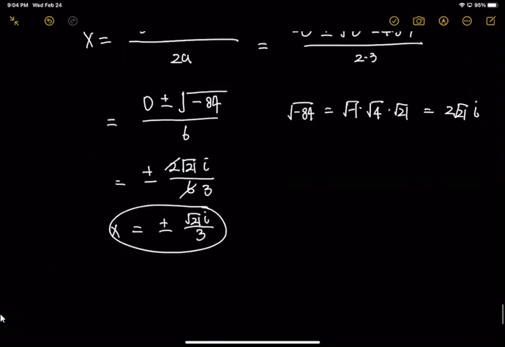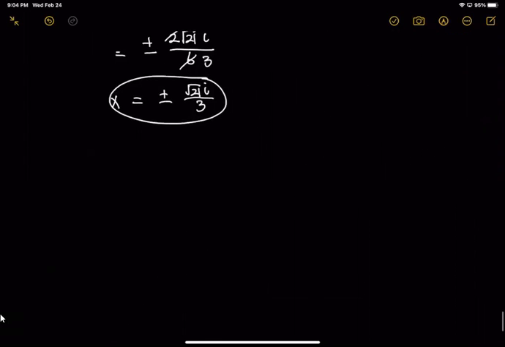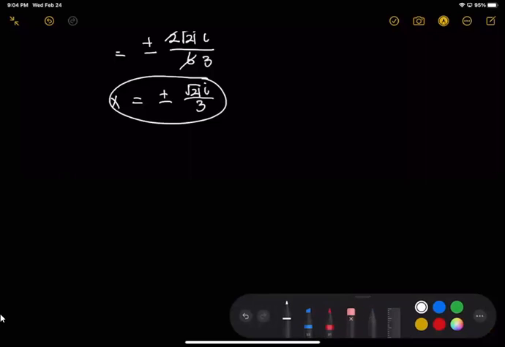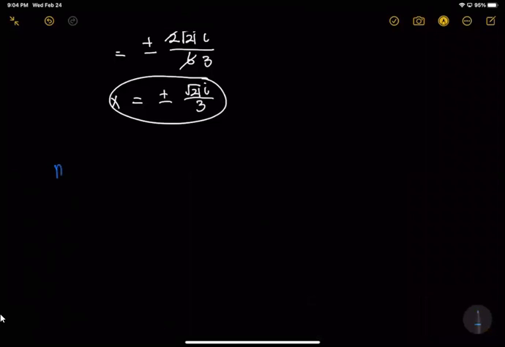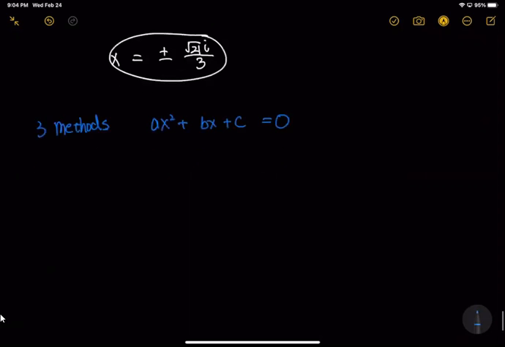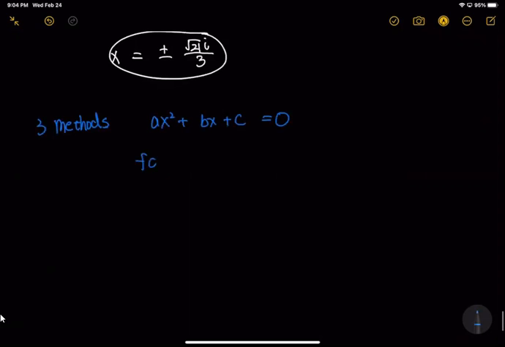So, okay, let me recap. We learned 3 methods to solve a quadratic function. We have factoring, which is our AC method, and sometimes we use cross multiplication.